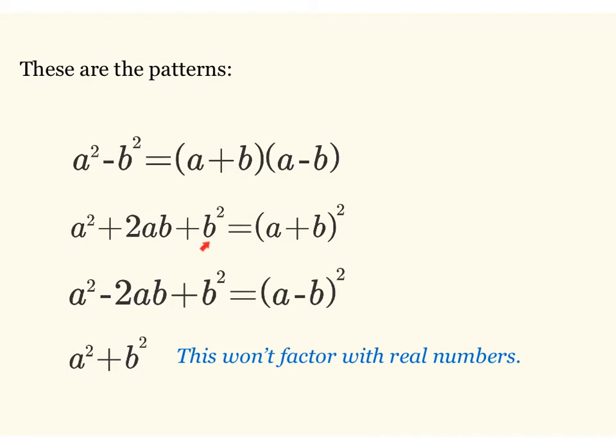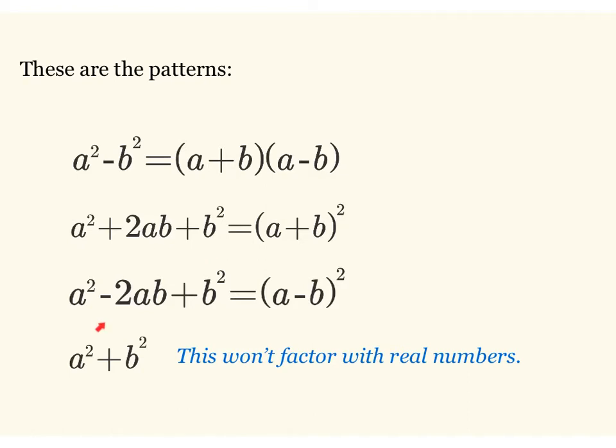Same on the ending term, should be a number that you can take the square root of evenly and have an even power or the power of 2, so that when you take the square root of this and the square root of this and multiply it by 2, you should have the middle term. If that is the case, then this is the pattern of factoring, that the square root of the a squared term added to the square root of the b squared term, then that squared is how this will factor.